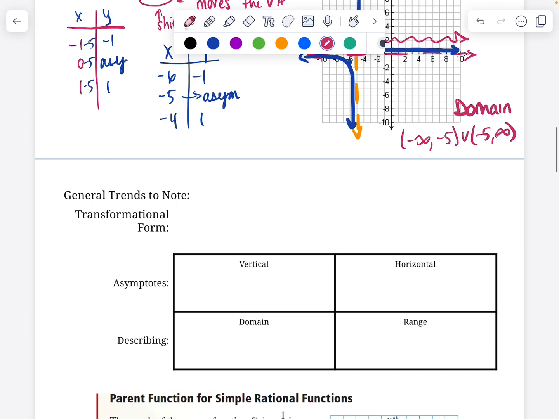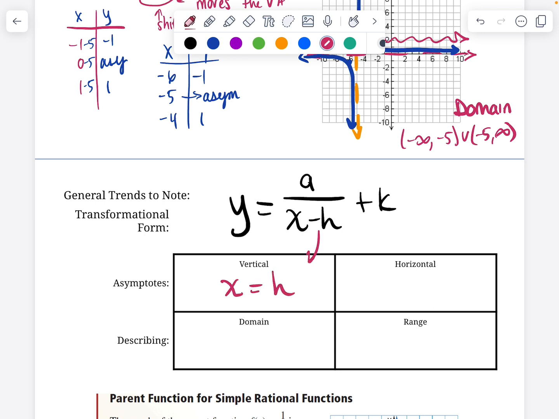To summarize everything, transformational form is y equals a over x minus h, plus k. The vertical asymptote happens at x equals h. Remember, it's the opposite of whatever you're looking at. The horizontal asymptote happens at y equals k, and that's just the same: whatever you see is what it is.